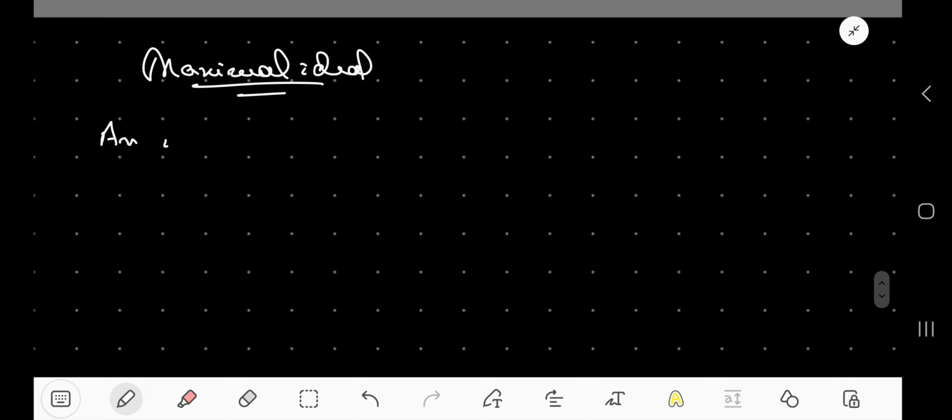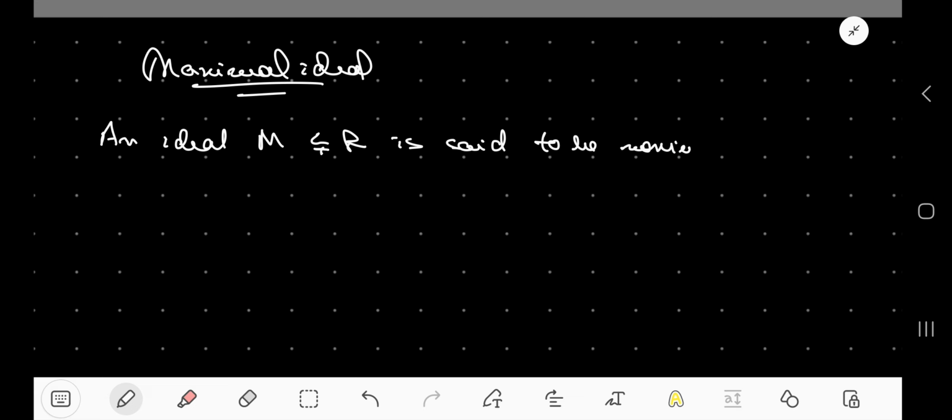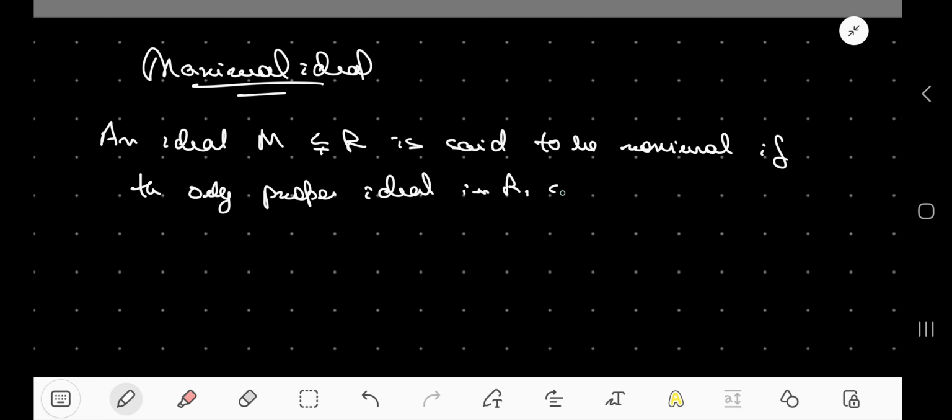An ideal M in R, strictly contained in R, is said to be maximal if the only proper ideal in R containing M is M itself. Okay, there is no other proper ideal in between M and R.